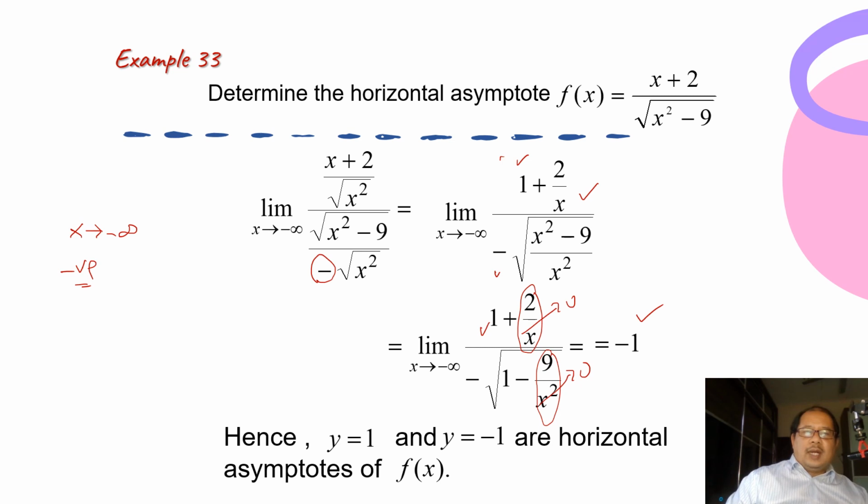Hence, y equal to 1 and y equal to negative 1 are horizontal asymptotes of f(x). Dalam soalan ni kita dapat dua horizontal asymptote, iaitu y sama dengan 1 dan y sama dengan negatif 1.